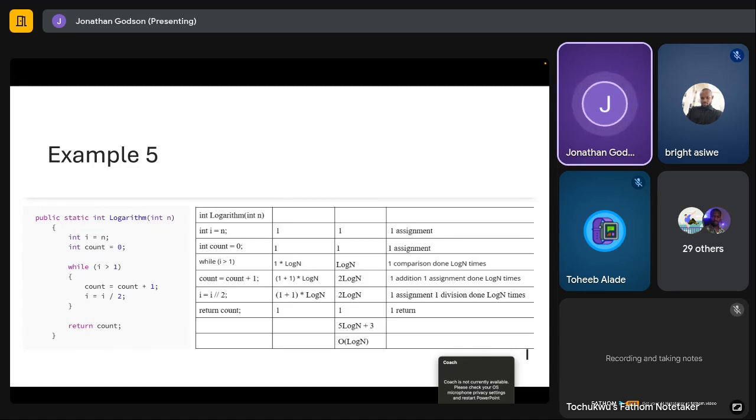Because in some nested for loops, for the outer loop you are going through everything, but for the inner loop you are maybe skipping, deciding to start from 1 instead of 0, the first index.